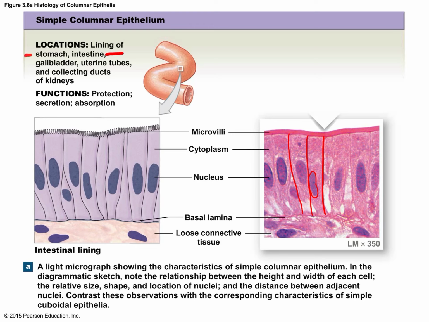The stomach is also part of the digestive tract. You have other places too, but what I want to really impress on you, and something easy to memorize, is that the digestive tract is all about absorption, right? So this is a great place to think about absorbing nutrients and having these columnar cells present.